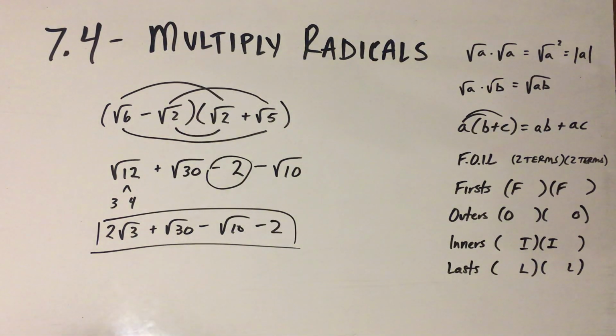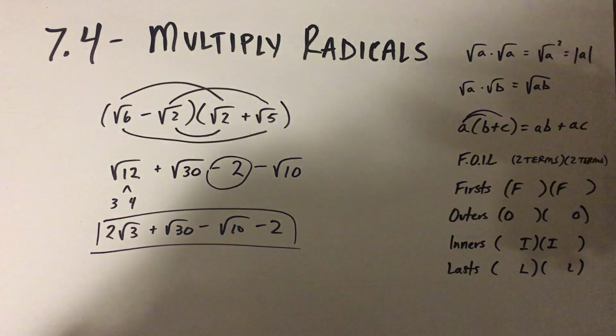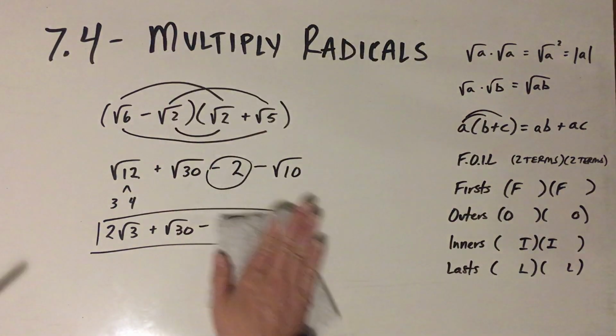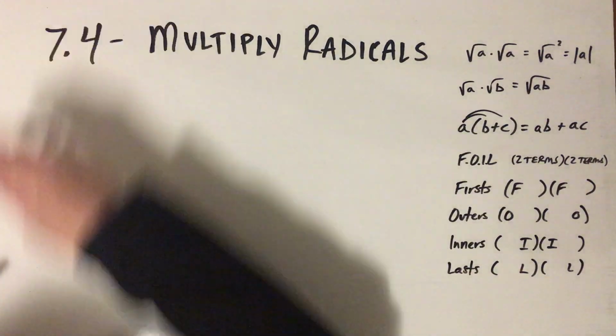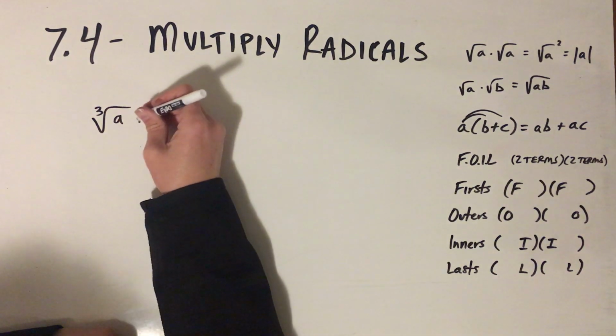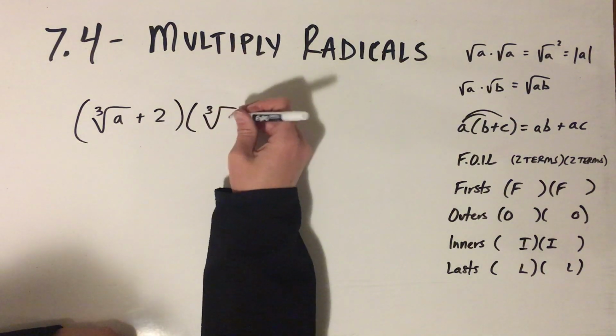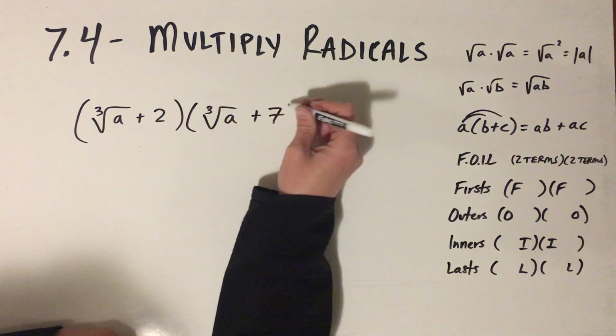Let's see if we can do one that's not a square root, but instead a cube root. So what if we had the cube root of a plus 2 times the cube root of a plus 7?